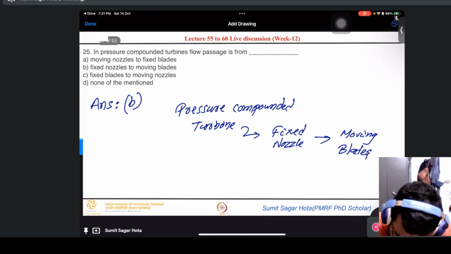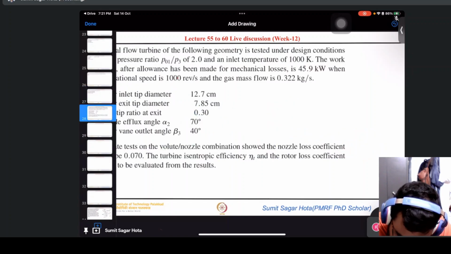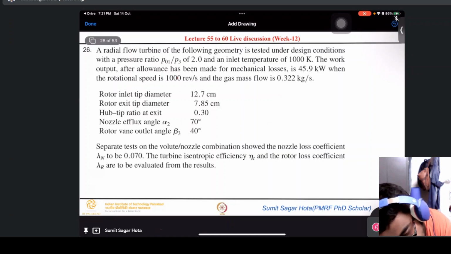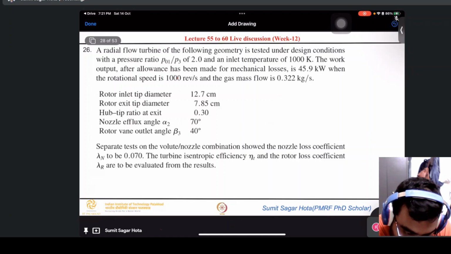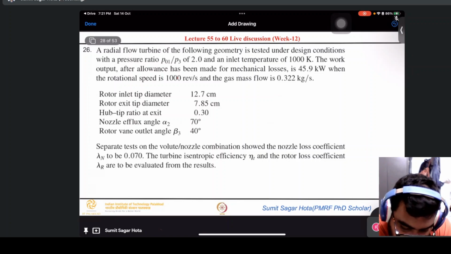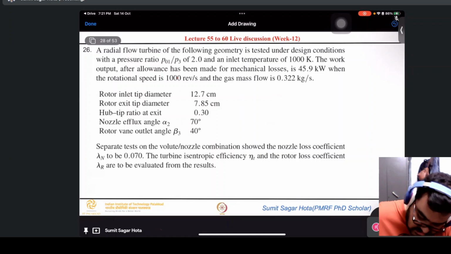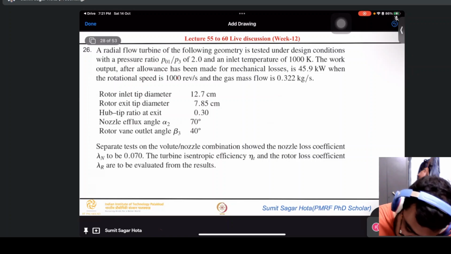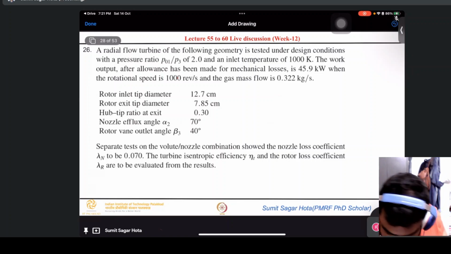Okay, next question. A radial flow turbine. The question is, a radial flow turbine of the following geometry is tested under the design condition.